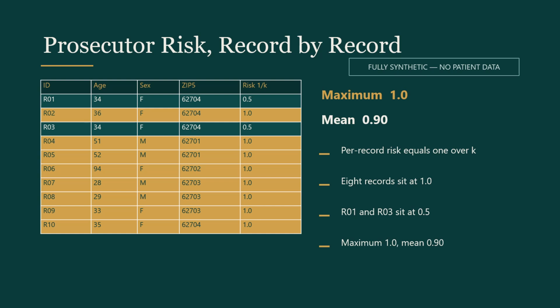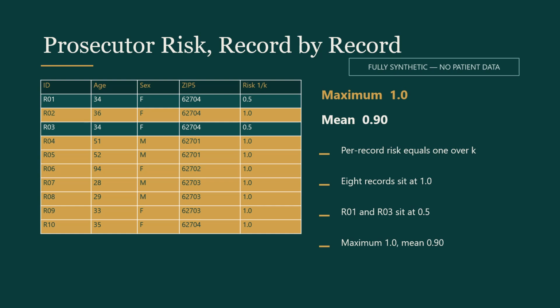R09, 33, female, 62703, alone, 1.0. R10, 35, female, 62704, alone, 1.0. Now read two numbers off that single column.